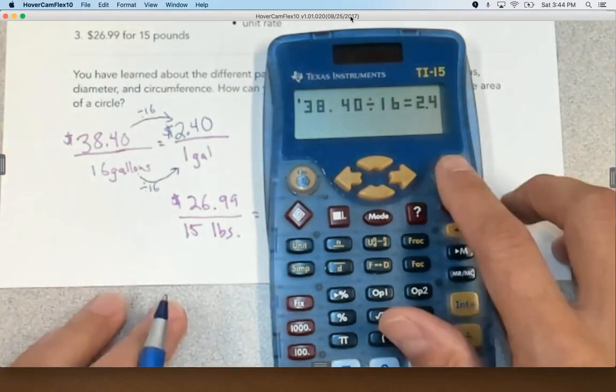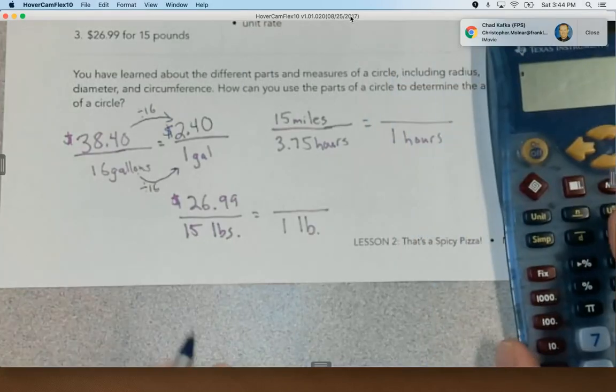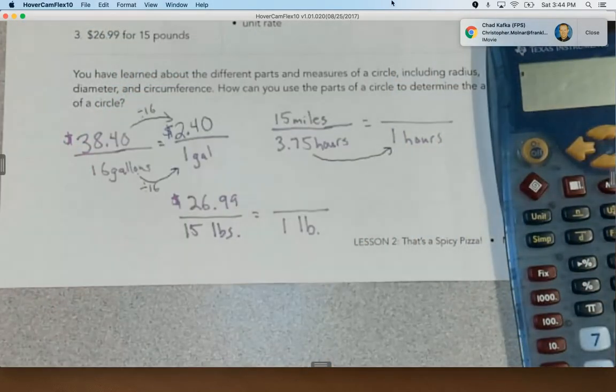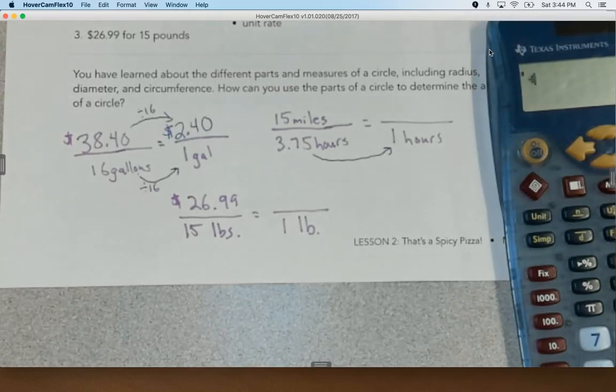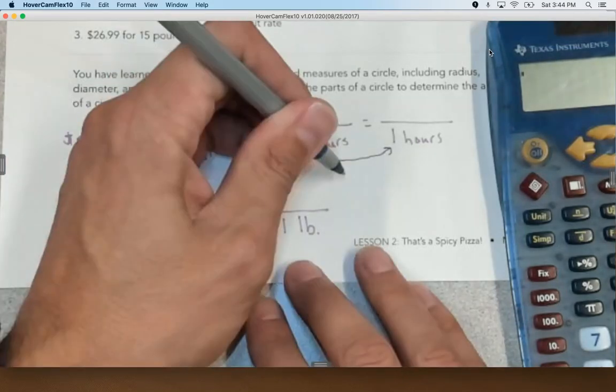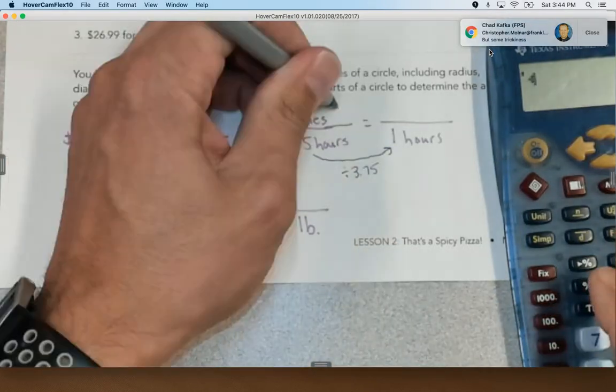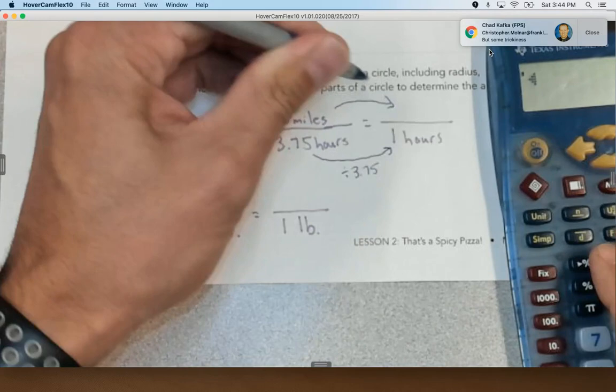The next one, to get from 3.75 hours to 1 hour, I have to divide this by 3.75. I would do the same thing to the top to see how many miles I would jog in 1 hour.